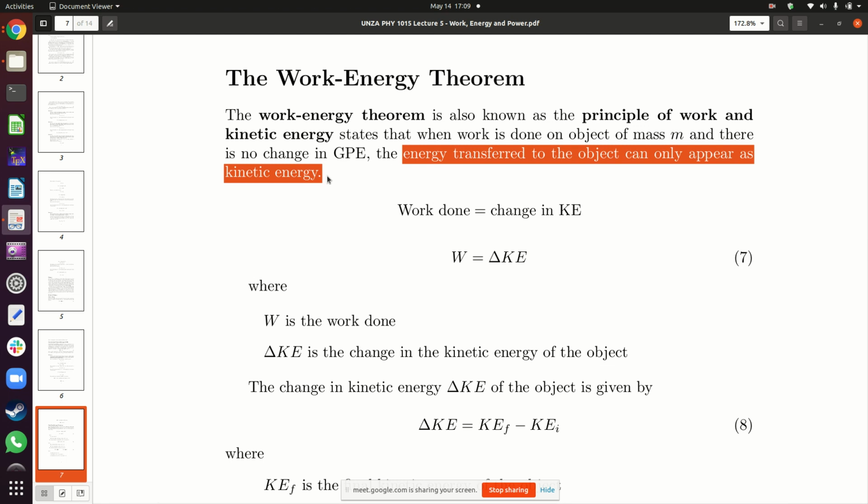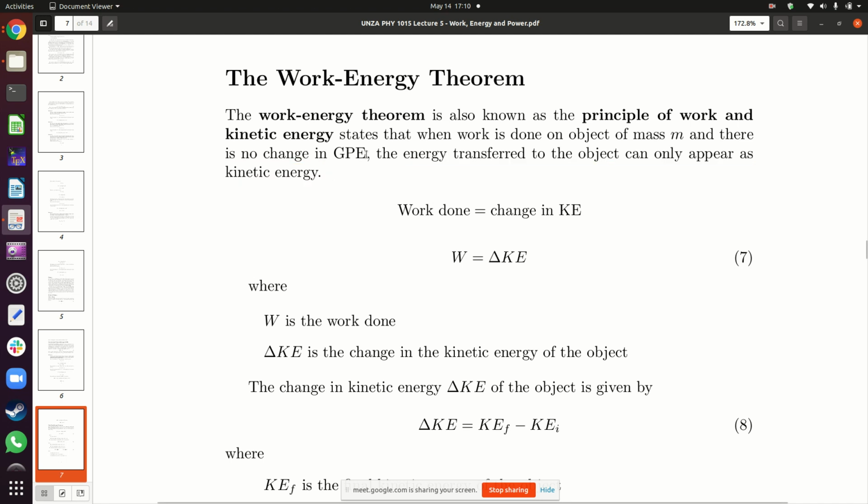So when you perform work on an object, there is going to be transfer of energy from you who is doing the work to the object you are doing work on. As long as there is no change in height, meaning that the gravitational potential energy remains the same, then that energy you have transferred to this particular object will appear only as kinetic energy.